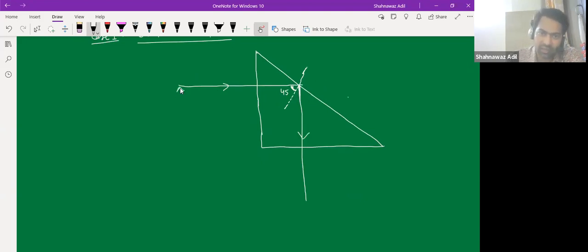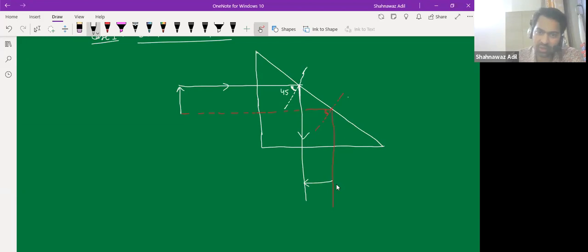So this is the deflection of 90 degrees, right? And let's say there is this object. So the light rays are falling normally. And here it is making, so this is the normal ray and this is 90 degrees. So again it will make a 45 degree angle. So this was the object, but now this is your object, right?